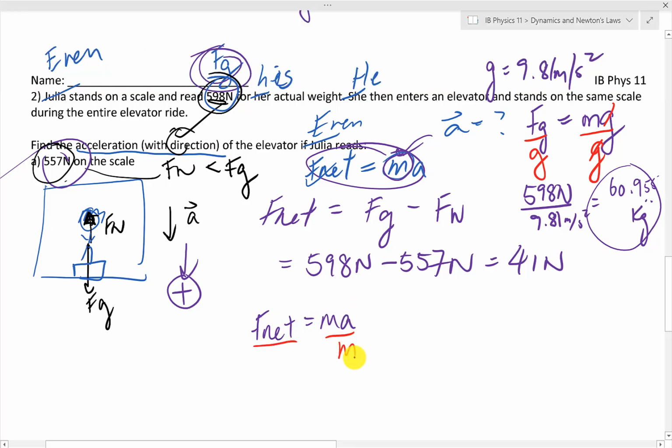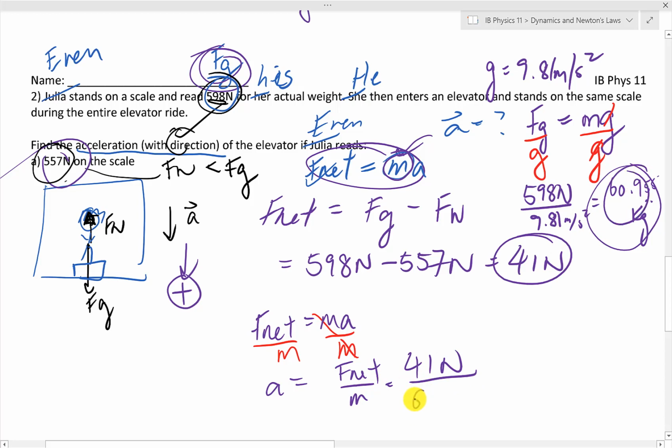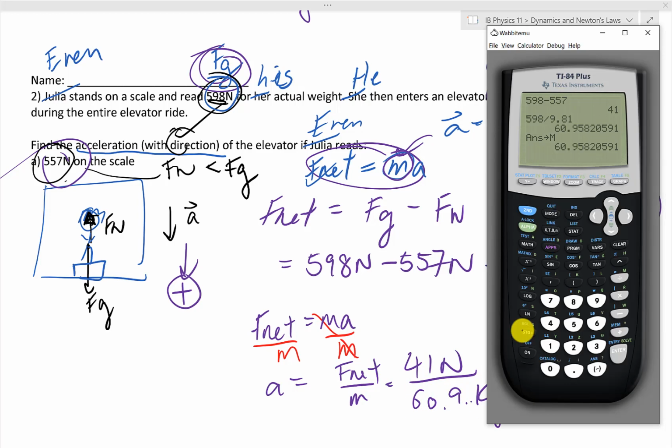So let's rewrite that down here. Dividing both sides by mass, we get acceleration is Fnet divided by his mass. Fnet we know is 41, we just calculated that, divided by his mass, which is 60.9.